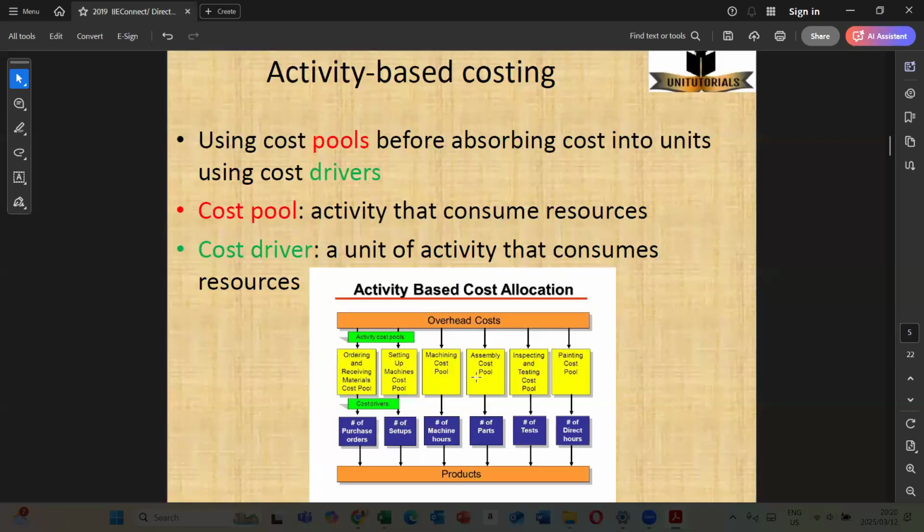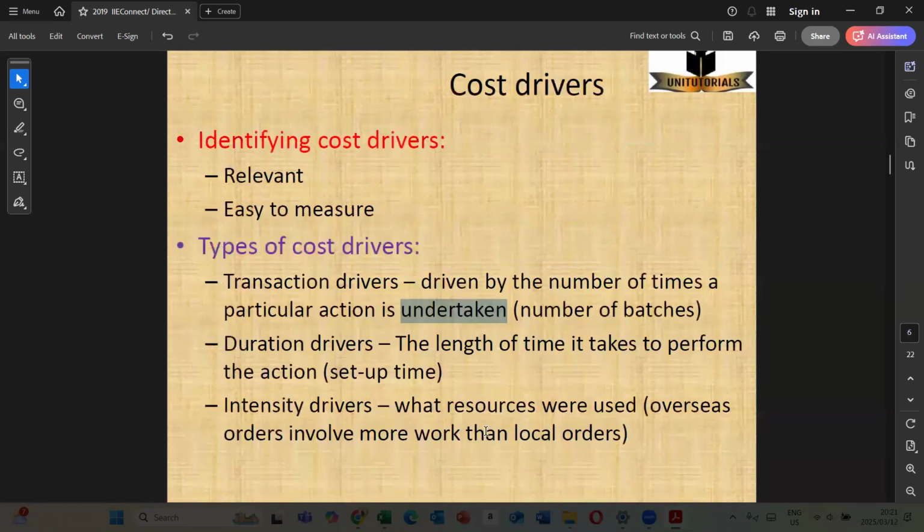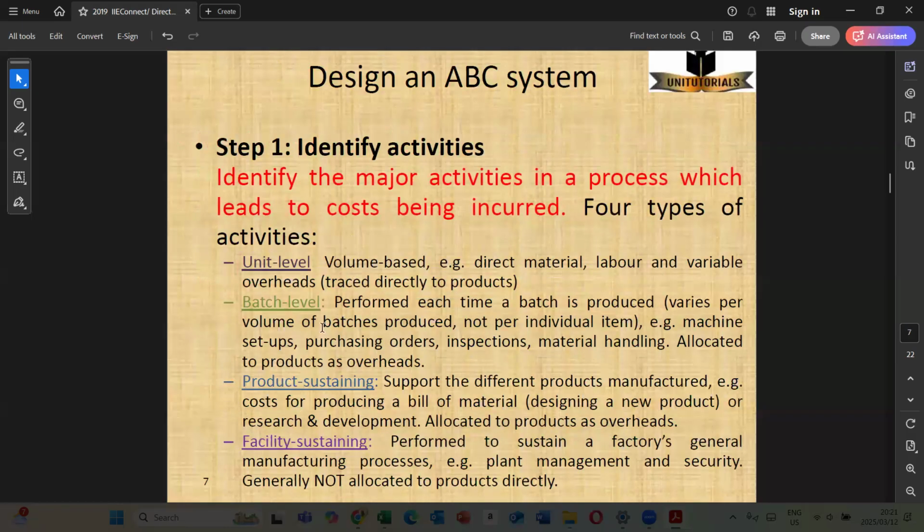Remember, to assemble, for example, a car, you incurred assembly cost. You paid labor, there's electricity involved, and all those kinds of costs. How are you going to allocate these costs? Assembly cost is a very good example of an intensity cost. Now you're allocating based on the resources used, so the number of parts that you actually used to assemble. That's an example of an intensity driver.